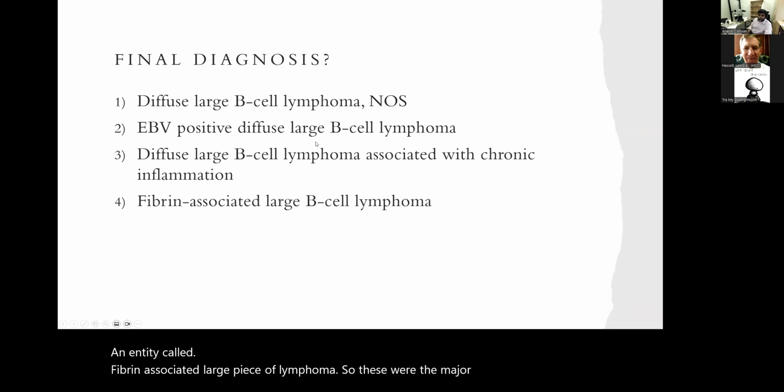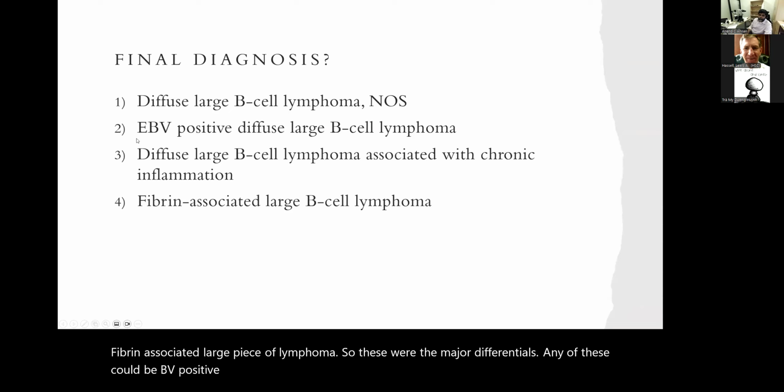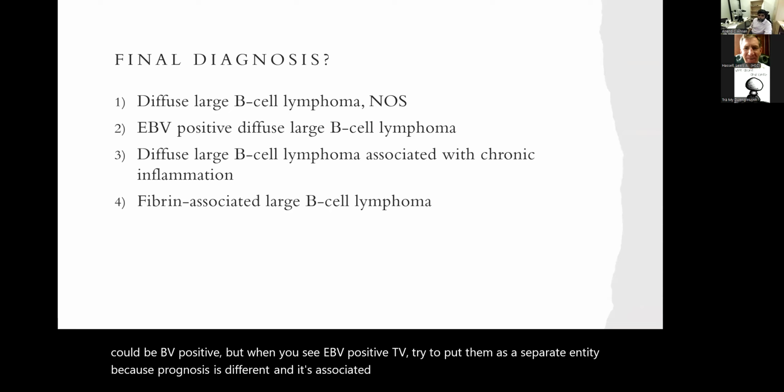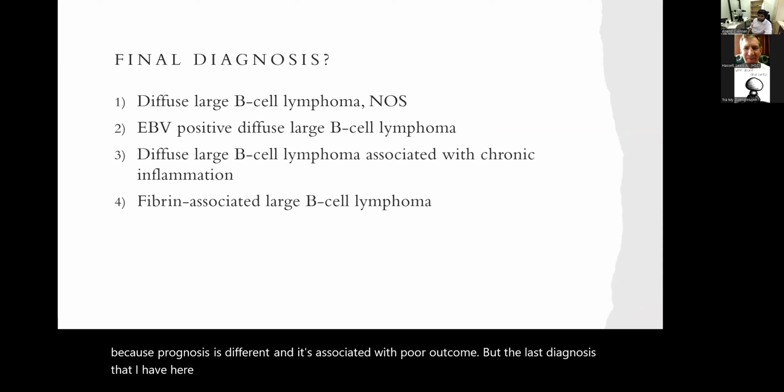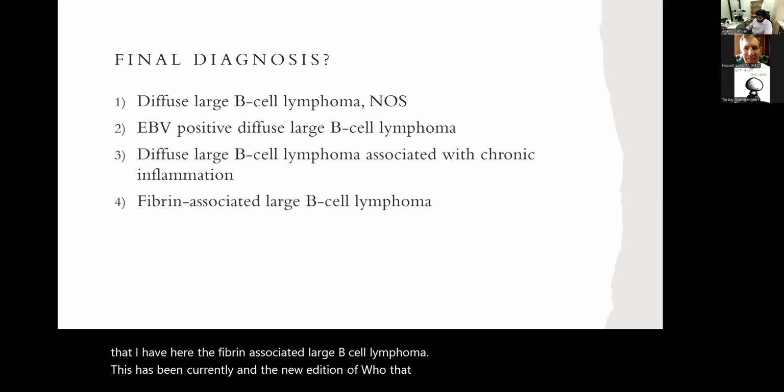Any of these could be EBV positive, but when you see EBV positivity, we try to put them as a separate entity because the prognosis is different and it's associated with a poorer outcome. But the last diagnosis that I have here, the fibrin-associated large B-cell lymphoma, has been included in the new edition of WHO that is currently in press, the 5th edition of hematolymphoid neoplasms.